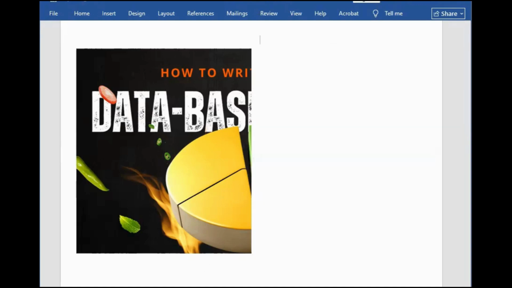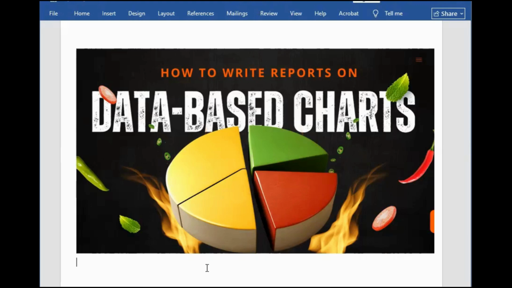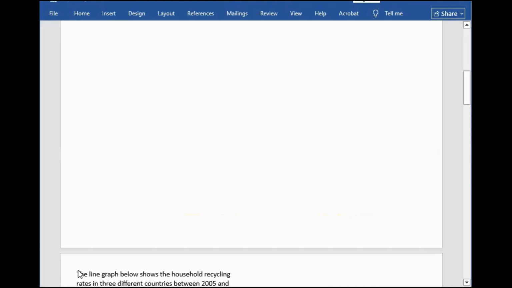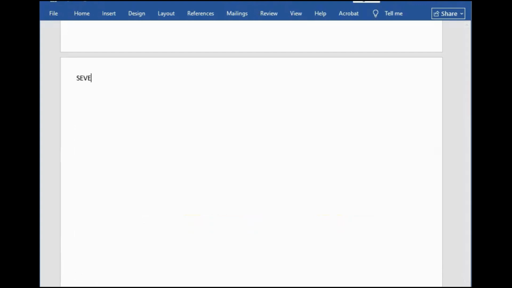Now, for the reports, there are 7 types of reports that they can ask you to write. Number one is called process chart report. Number two is map reports.